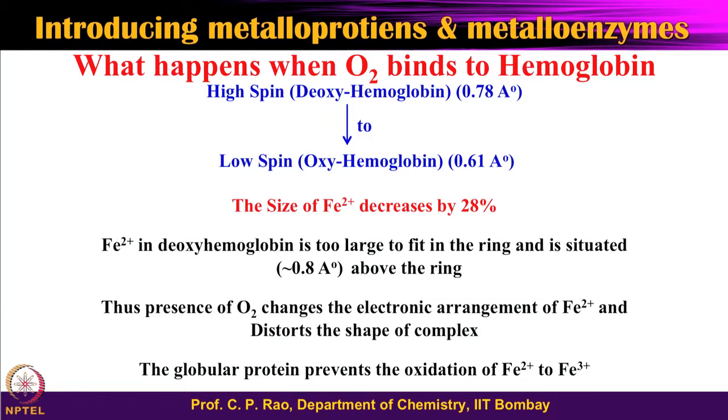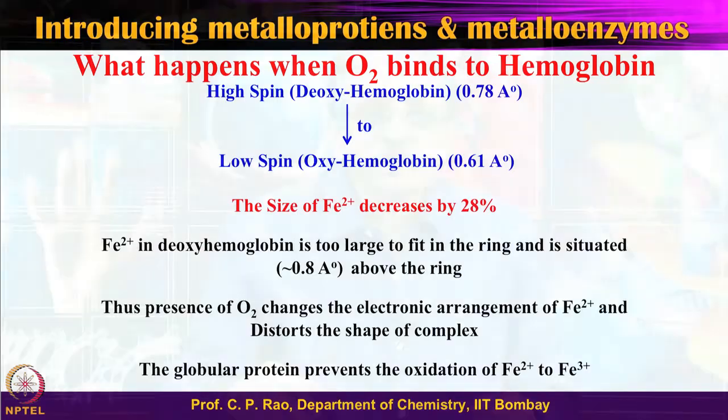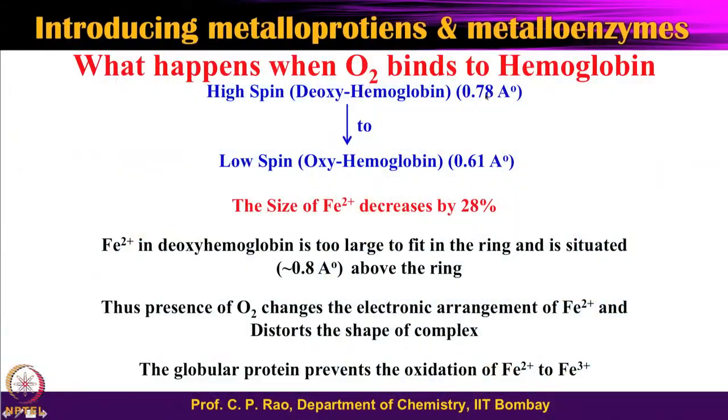We define the size of an ion or even an atom as the extent from the nucleus to which the electron density is spread. So, it is the spread of the electron density that you need to look at. In the case of high spin, the electrons are filled not only in the ground level but also in the other excited, higher energy levels too. So, the size of the ion is a bit larger or longer. So, it is roughly about 0.8 angstroms in the case of deoxy.